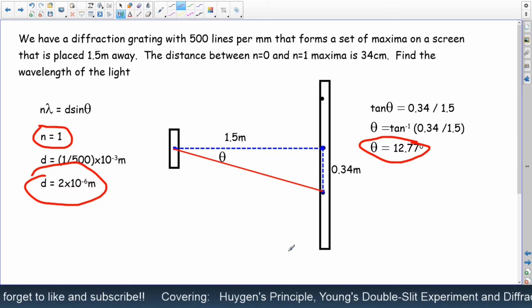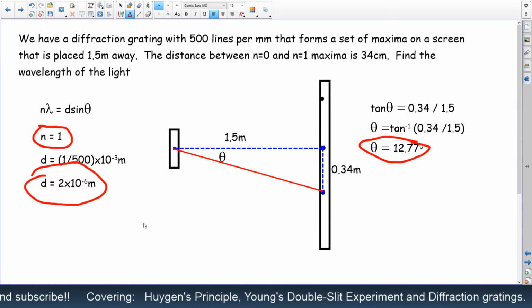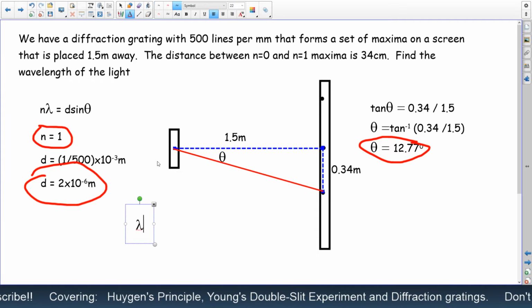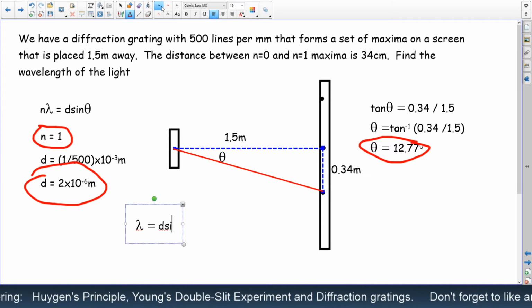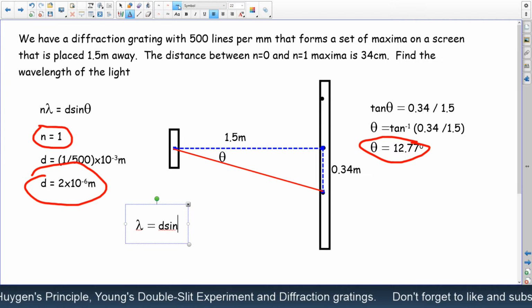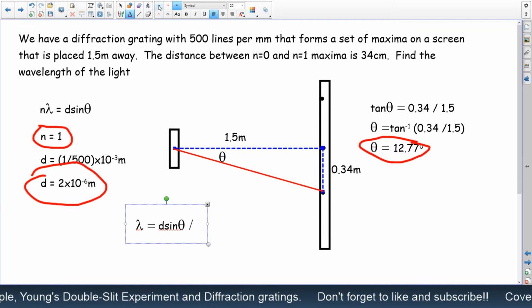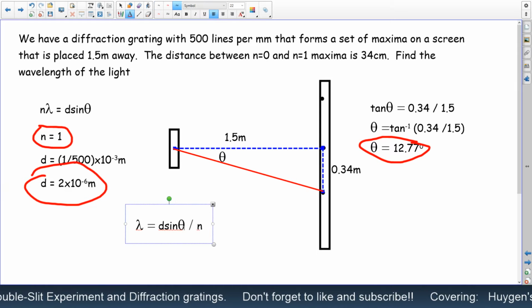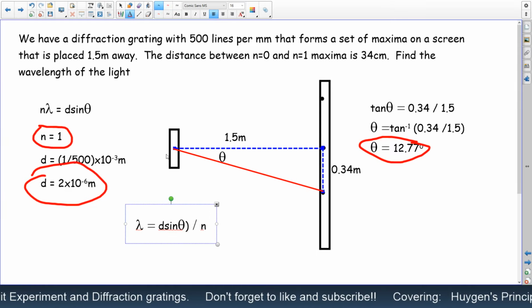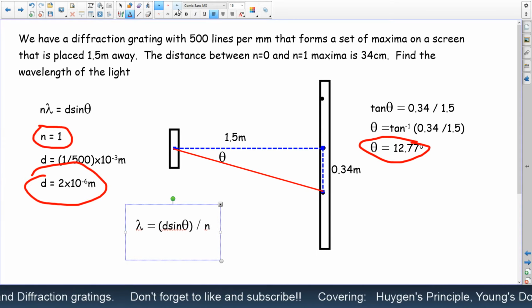Here we go. So now what we want to know is what's the wavelength of light that's illuminated this. A quick rearrangement of this will give me that lambda is equal to d sine theta over n. And since n equals 1, lambda is simply d sine theta.